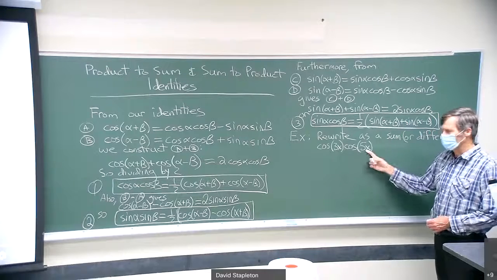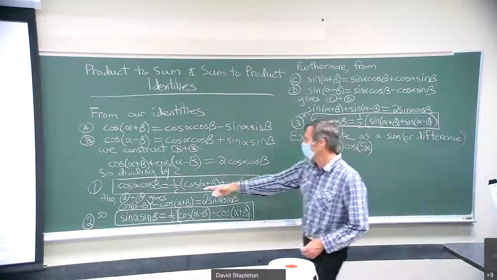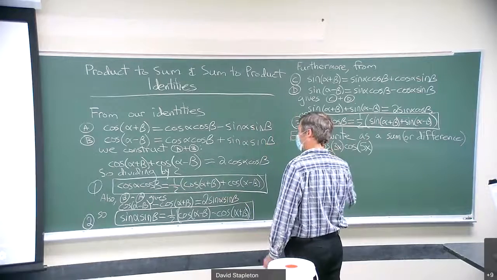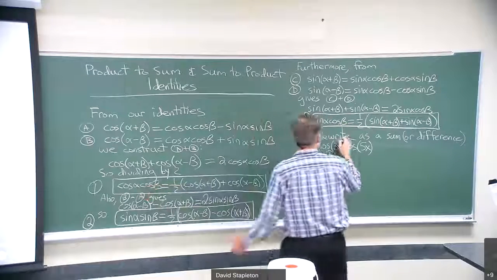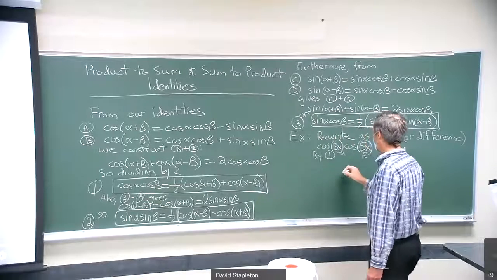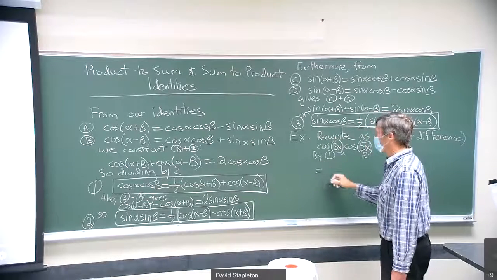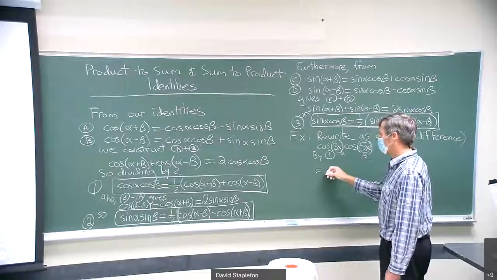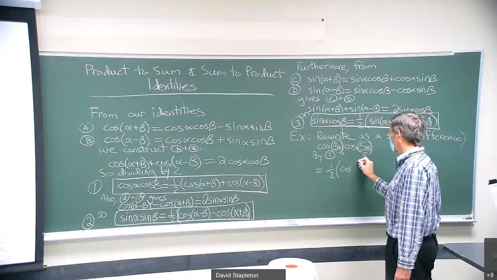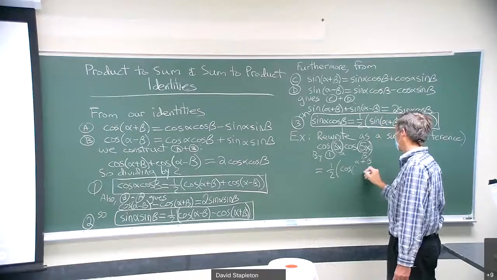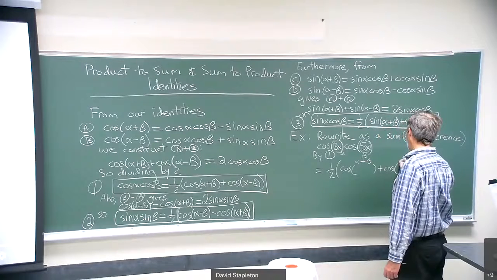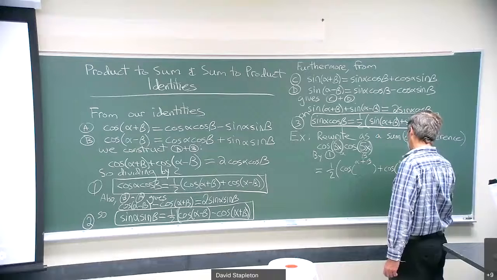Anytime I have a cosine times a cosine, I can, right? It's right here. By equation 1, I just say, well, this is alpha, and this is beta. This is equal to 1/2 cosine of the sum of these angles, alpha plus beta, plus the cosine of the difference of the angles, alpha minus beta. I'll put this over the top just to remind myself.